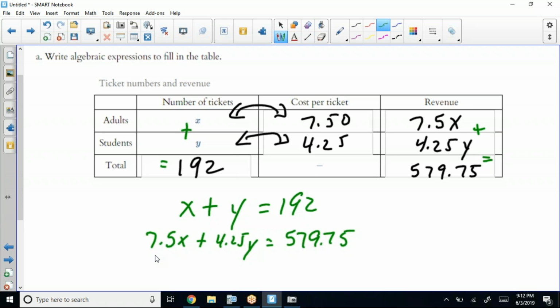Now, I only showed you how to do it by graphing, right? That's really the only way, period, I showed you. Is that correct?